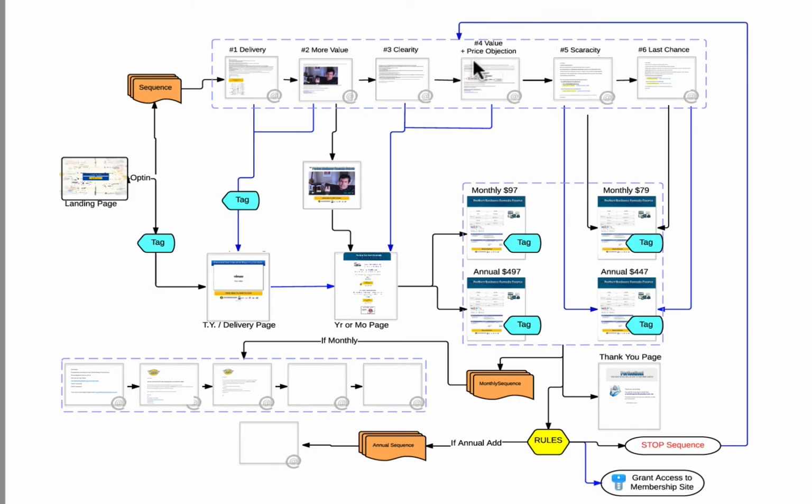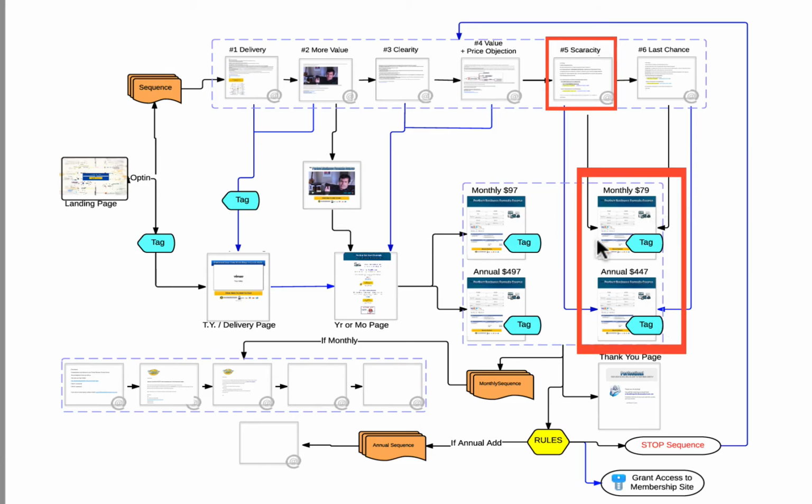Then after the fourth one, we go to the scarcity email. This is when we first start to introduce scarcity, and we also give them the ability to get a discount on the product. So you're taking some of the pain away from the decision-making process by giving them an additional bonus, whether it be money or what have you.